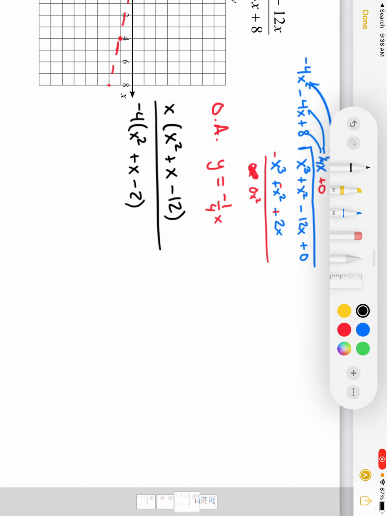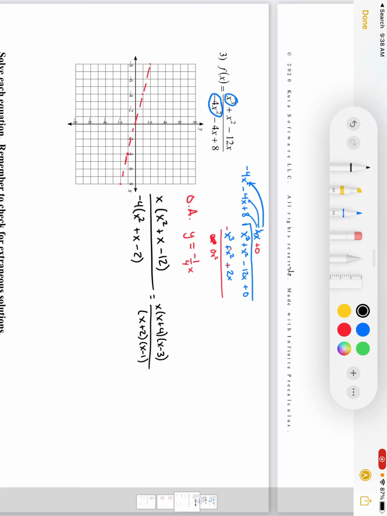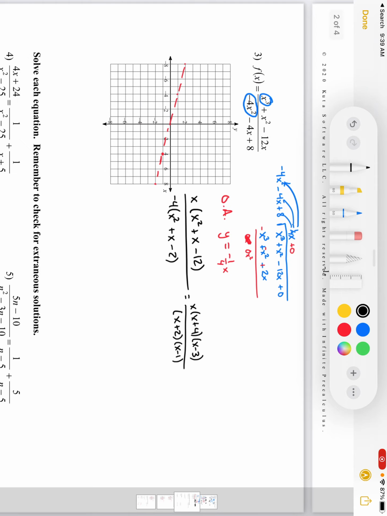And that is going to factor more to be x times (x plus 4) times (x minus 3) divided by (x plus 2) times (x minus 1). And let's see, we can cancel out nothing.